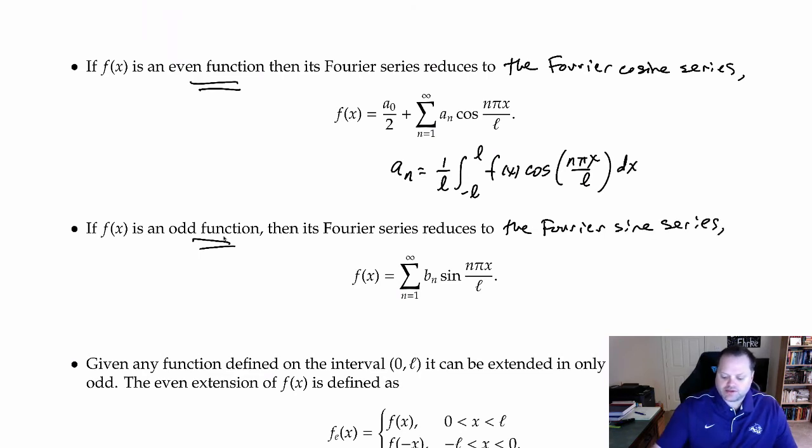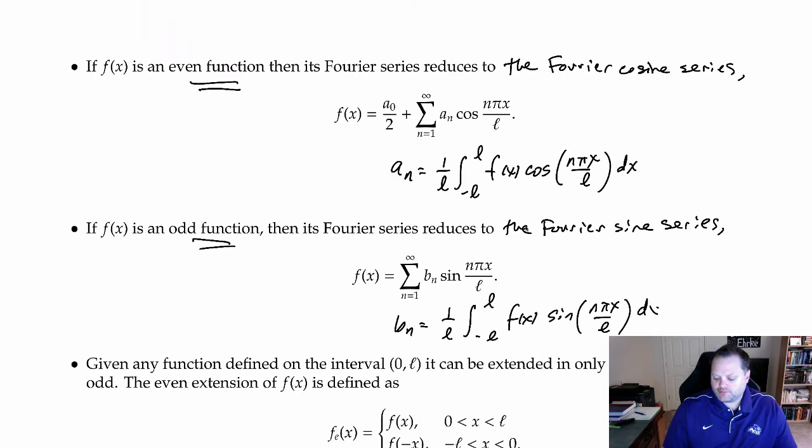And the Fourier sine series is given by this function where its coefficients, these are the only ones to survive.